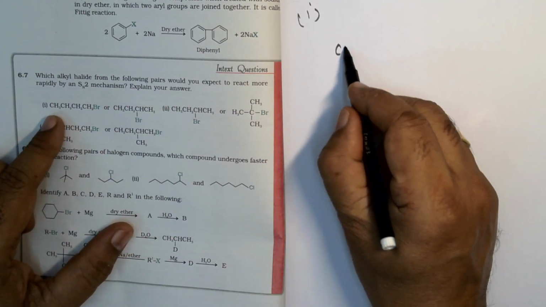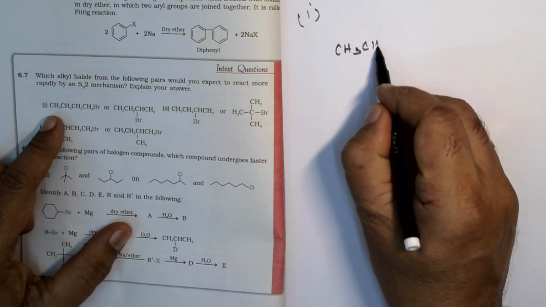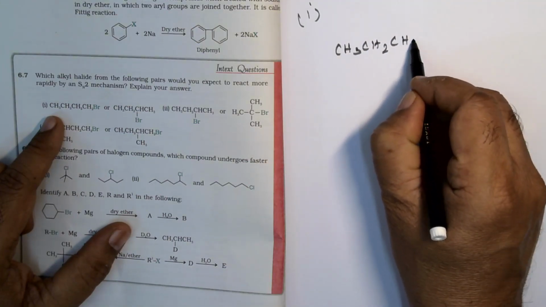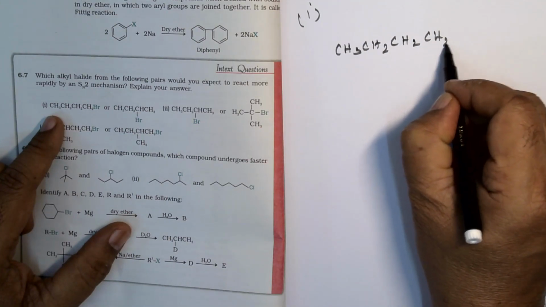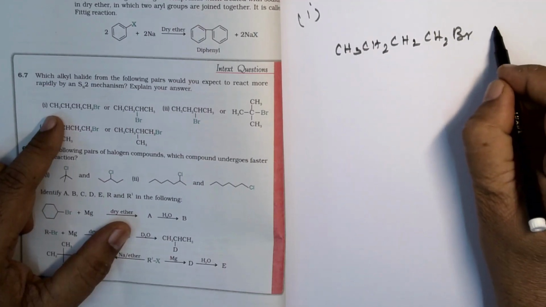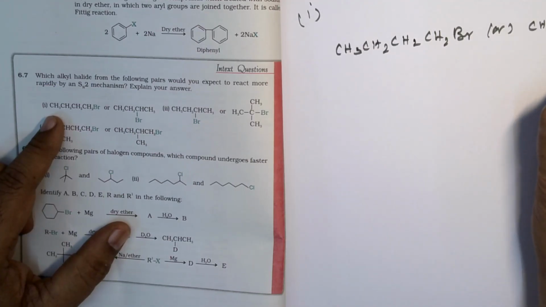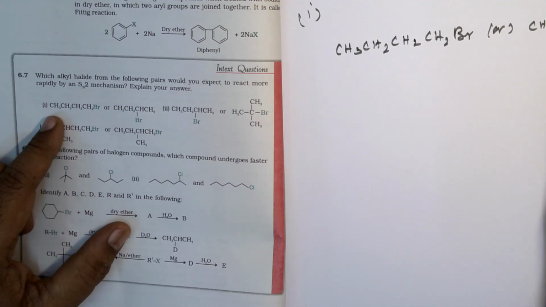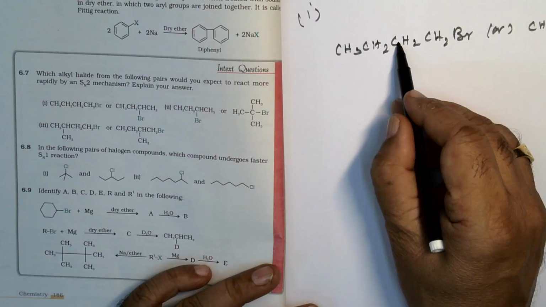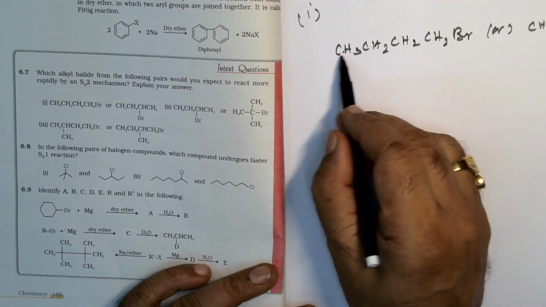So, for instance, CH3CH2CH2CH2Br. Another one is CH3CH2CHBrCH3. So, what is this compound? 1, 2, 3, 4.